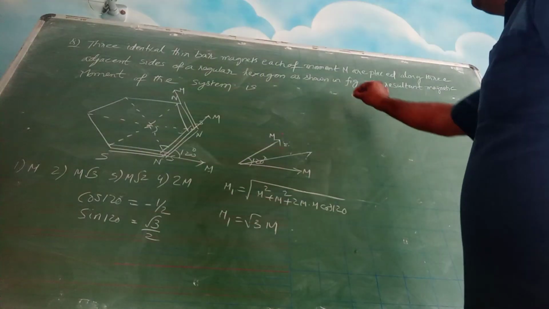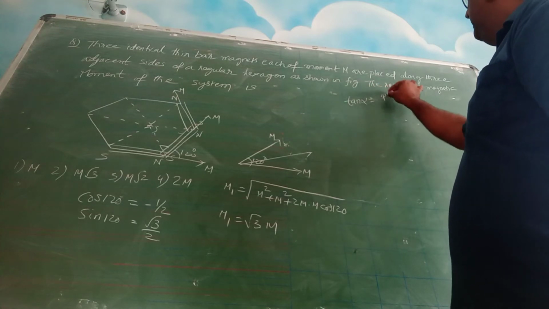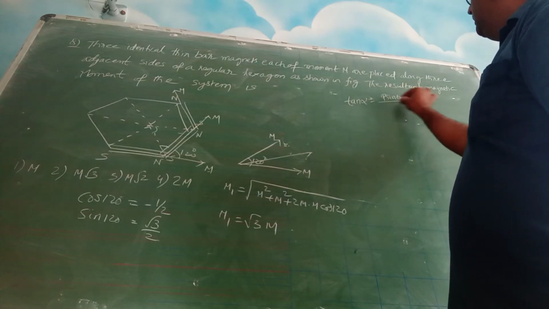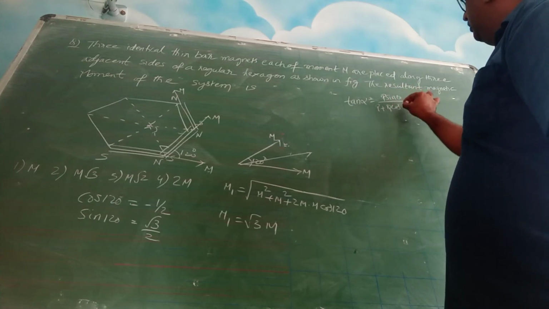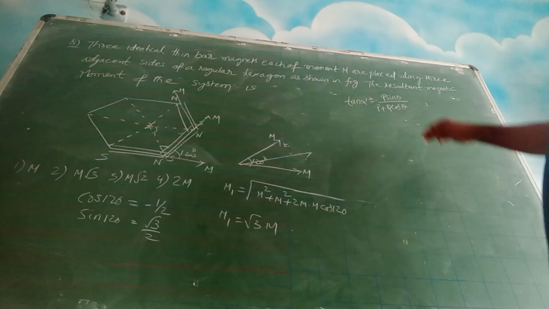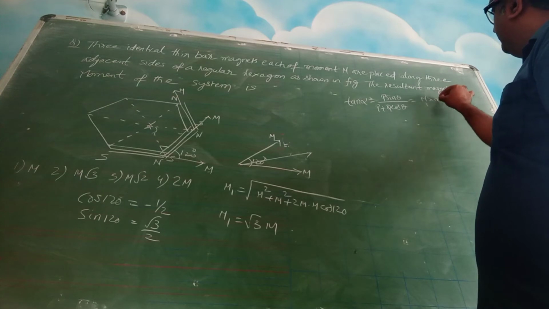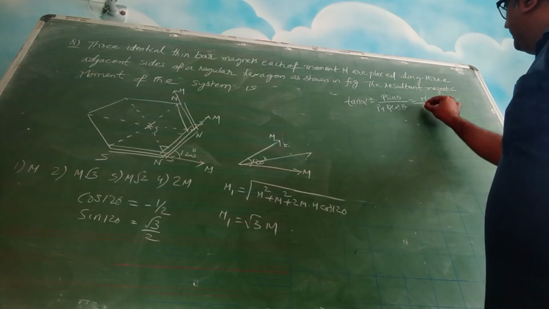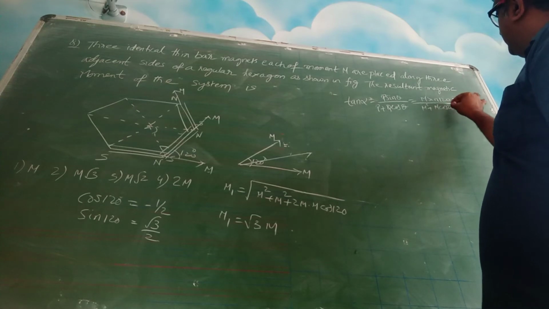Remember in the parallelogram law, tan alpha is equal to P sin theta by P plus Q cos theta, isn't it? But here P and Q both are M, so this is M sin 120 divided by M plus M cos 120.